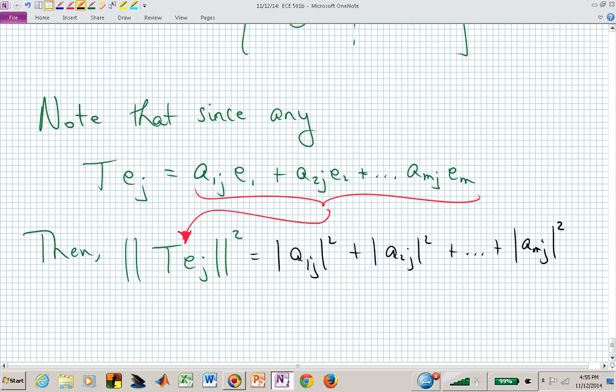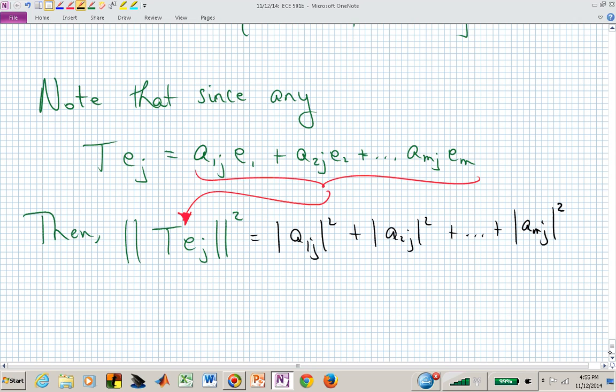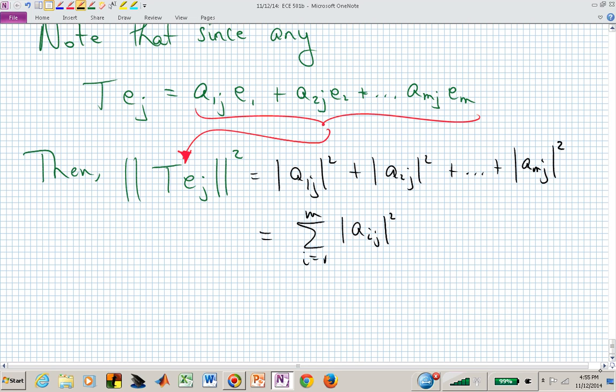That will be the norm of T e sub j squared, or we could write that in summation form as the sum from i equals 1 to m of A sub ij squared. Now, suppose we looked at all of those possible T e sub j's, or the sum of those.